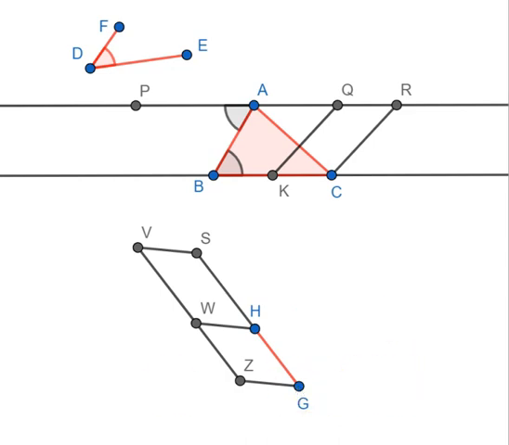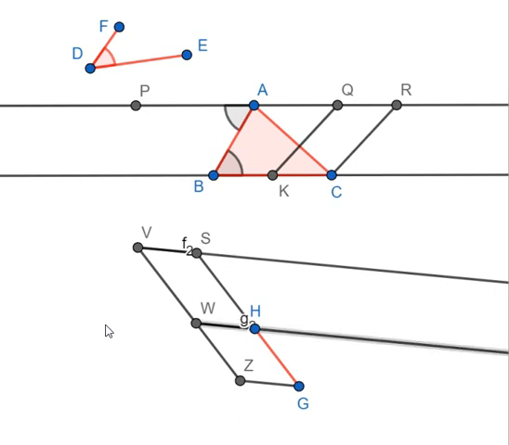So let's do that. Let's extend VS. Let's extend WH. Let's extend ZG. Remember, we need a parallelogram equal to this because this is equal to this. We will see how it is equal to it at the end. So the complementary parallelogram to this would be here.